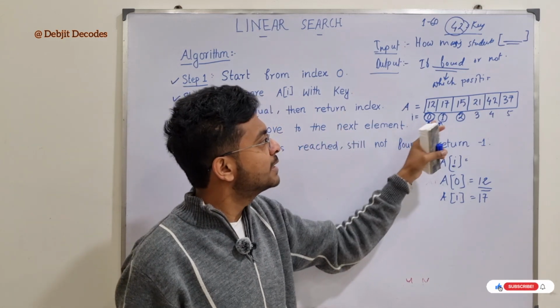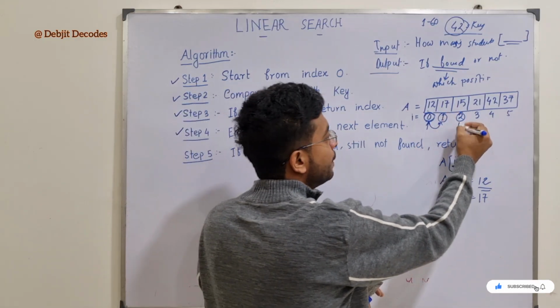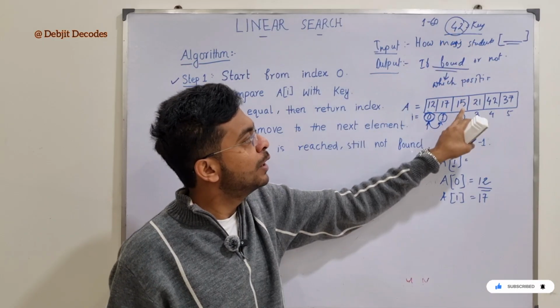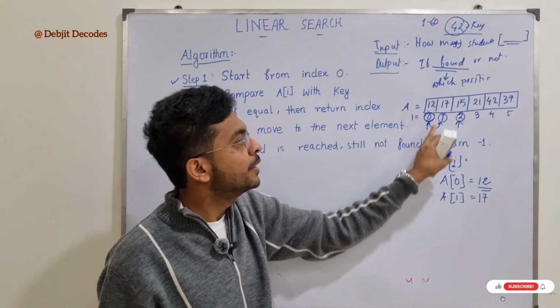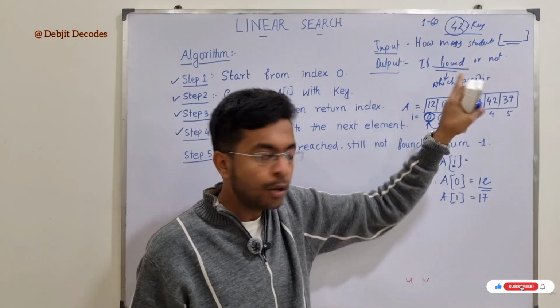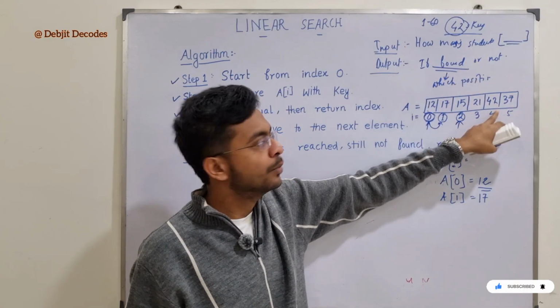What is the next element now? The next element is index 2, that is 15. Is this value equal to 42? The answer is no, right? So again you go to the next one. Is it equal to 42? No. You go to the next one. Is it now equal to 42, right?